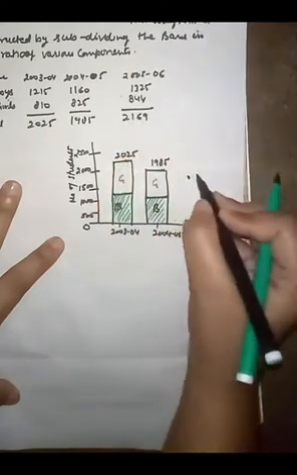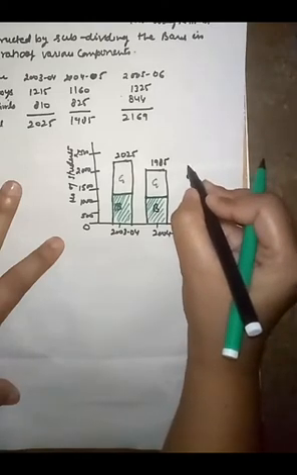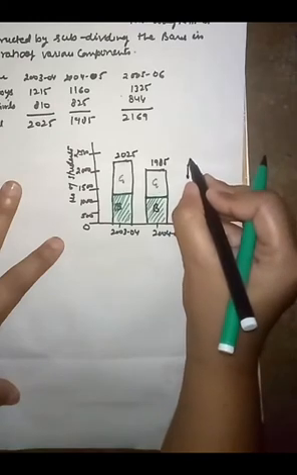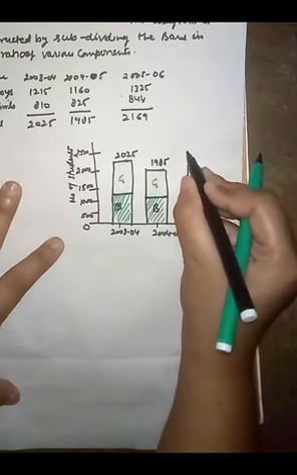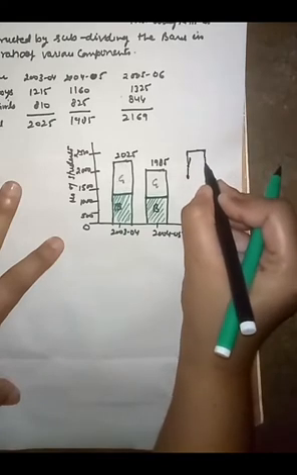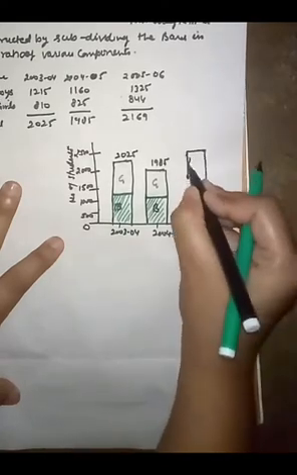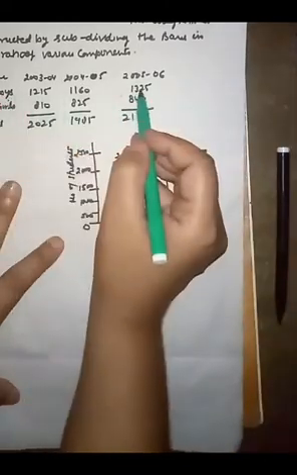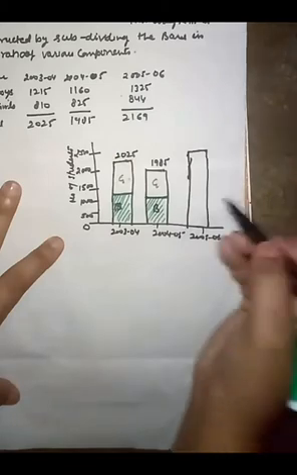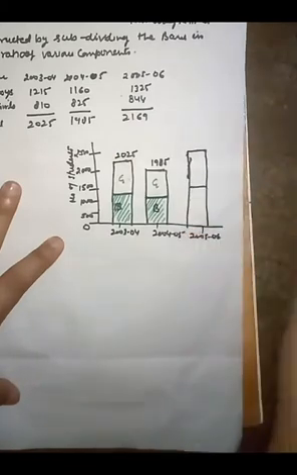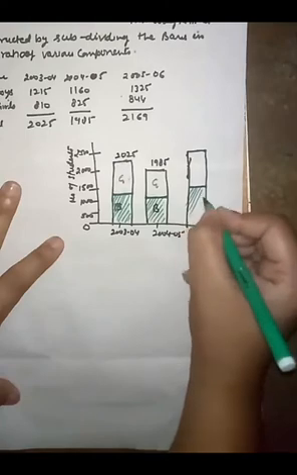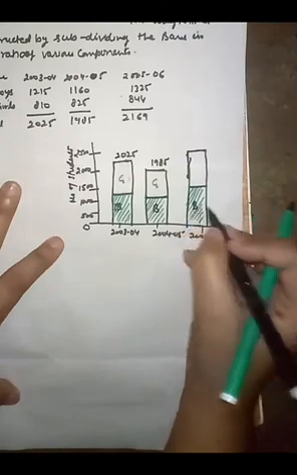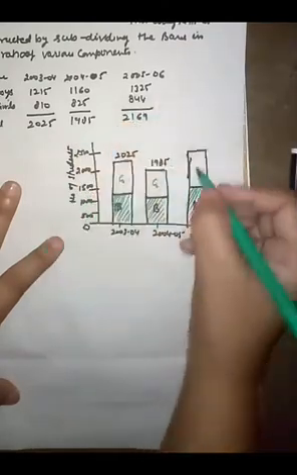Now this one is 2169. So this length comes to 2169. Here the number of boys is 1325, so this value comes from this. This area shows the number of boys, which is 1325.